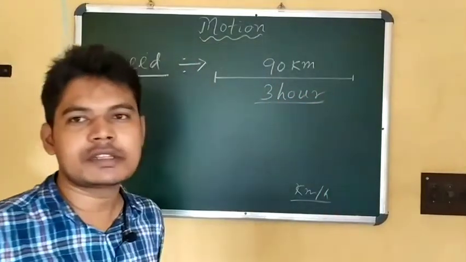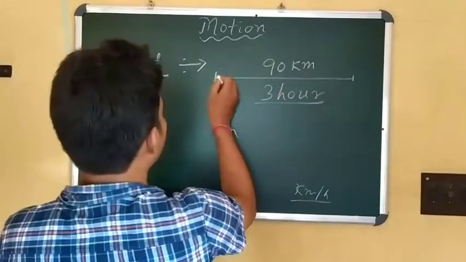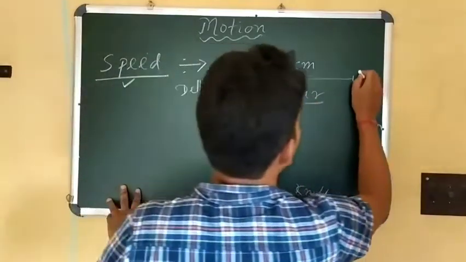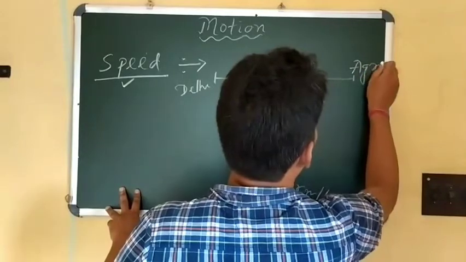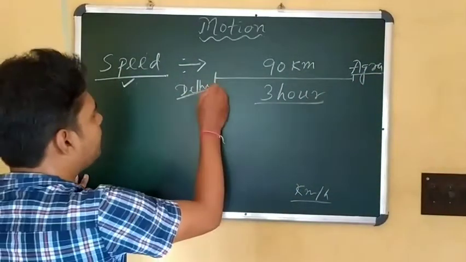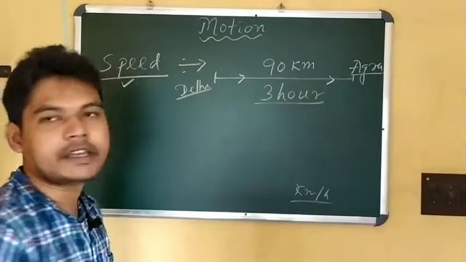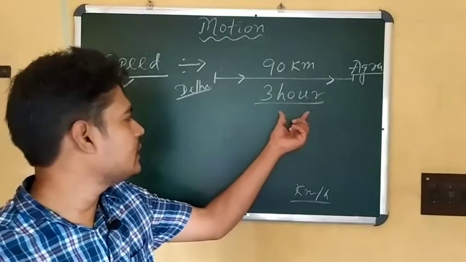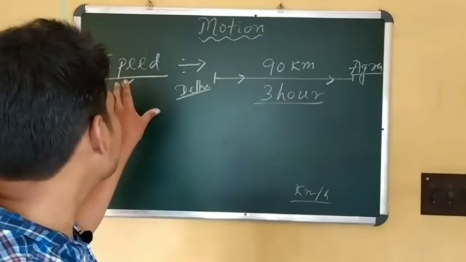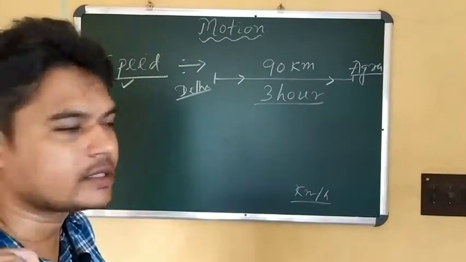The time duration is 3 hours, and the total distance is between, suppose, Delhi and Agra. So those are the two places. From Delhi you start your journey and the total path is 90 kilometers. You travel this path in 3 hours. Now what is the speed of your car? How do you find this out?